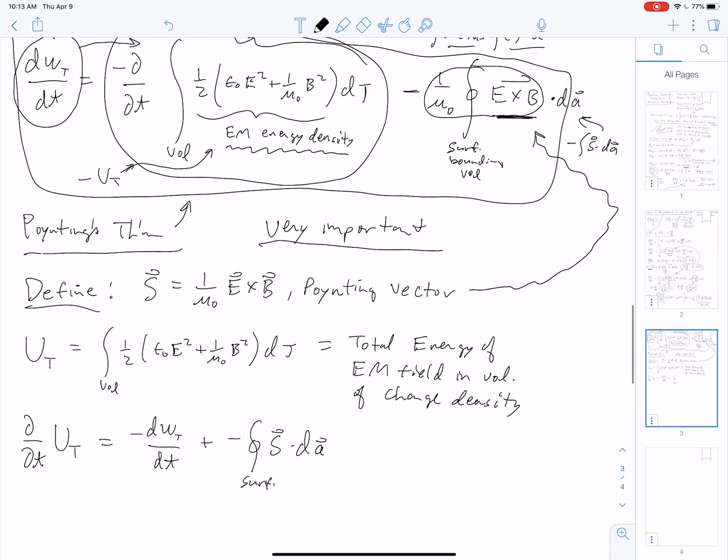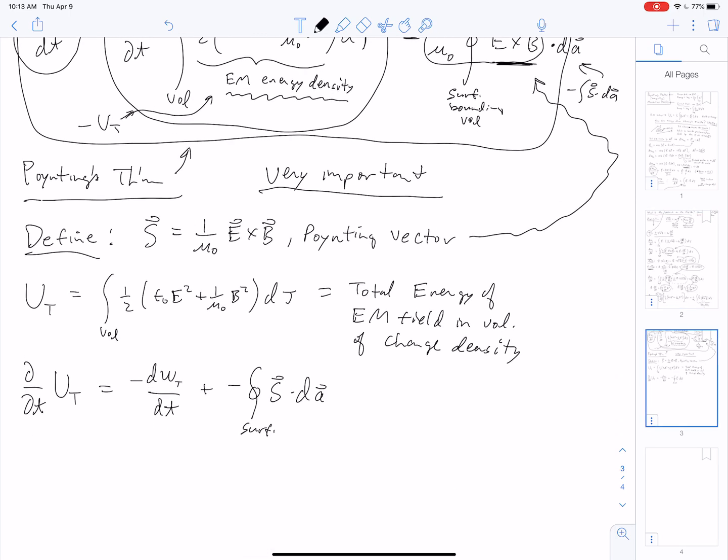And that's the time rate of change of the electromagnetic energy over the volume. And so this is how I will rewrite this.